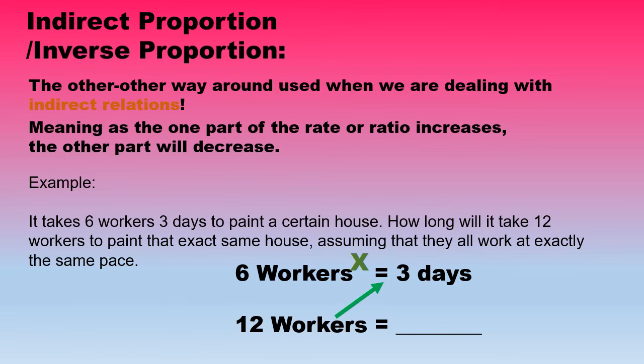So 3 times 6 divided by 12 gives you 1.5 days. Does that make sense? The more workers you have, the fewer days. You've got double the workers, so you divide your days by 2, which gives you 1.5 days.